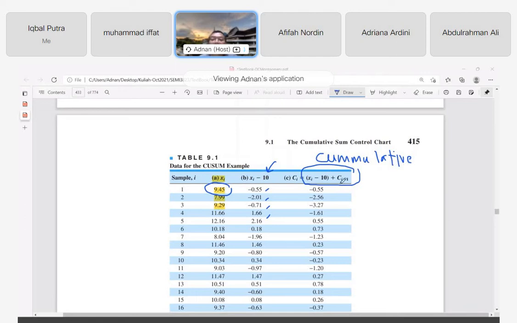So what we have here is the first C1 is the same, but when we get the C2, we have minus 2.01.